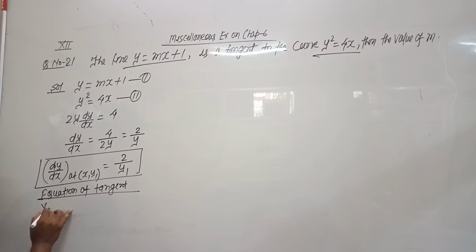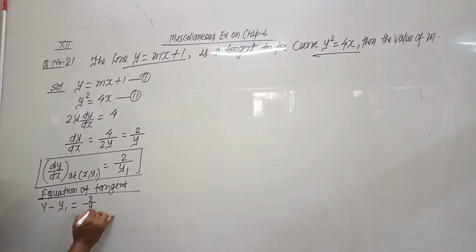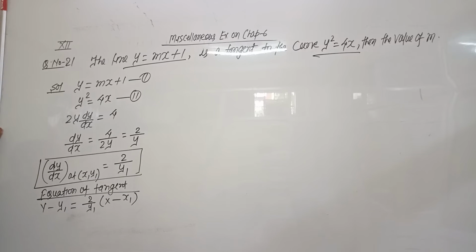So y minus y1 equals dy by dx at (x1, y1), which is 2 by y1, times x minus x1. Remove the bracket. Y minus y1 equals 2x by y1 minus 2x1 by y1.